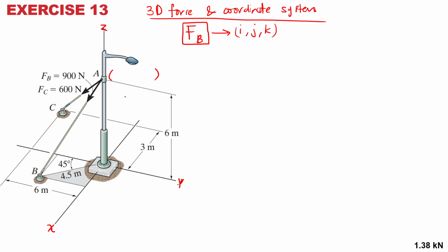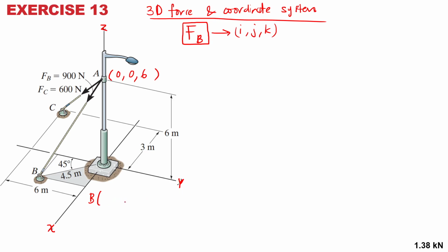What is coordinate A? 0, 0, 6. This one is Z. Coordinate B. Where should I draw? Let me draw here. B. B is actually X.